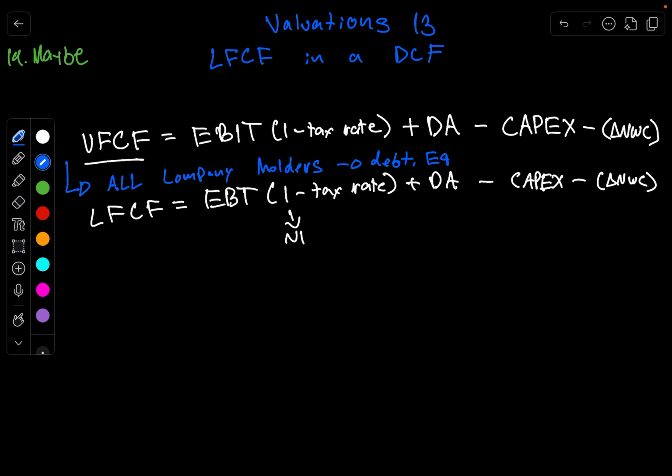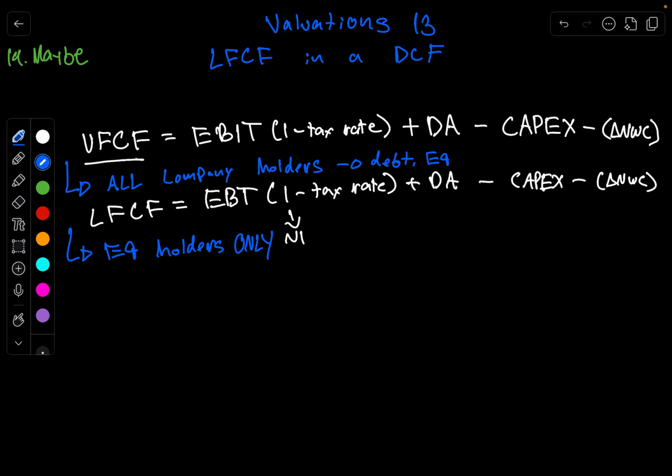So that means all company holders, because we didn't take into account interest here because it's earnings before interest. However, our levered free cash flow is the free cash flows that are available to the equity holders only, right?